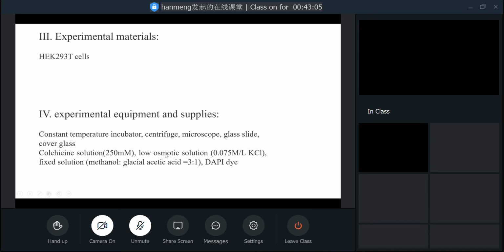The low osmotic solution is 0.075 mol per liter potassium chloride.